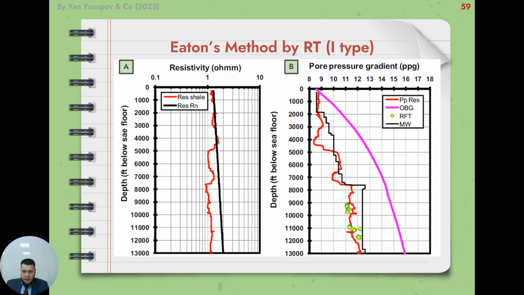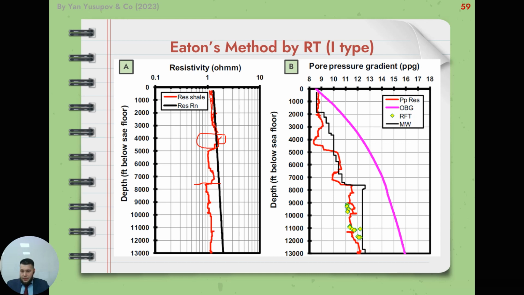Deeper than a depth of 5 kilometers, the formation is slightly undercompacted, with a lower resistivity than the normal compaction trend. From this depth, 7.5 thousand foot, the formation is further undercompacted and more elevated pore pressure exists.